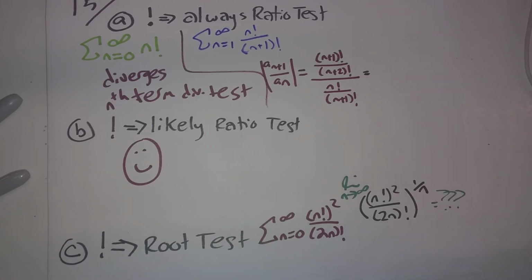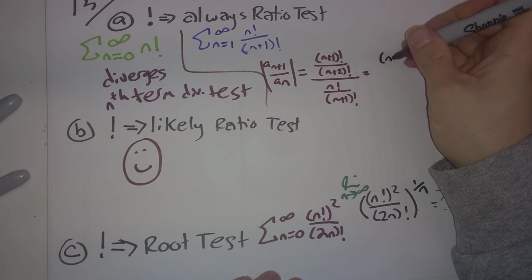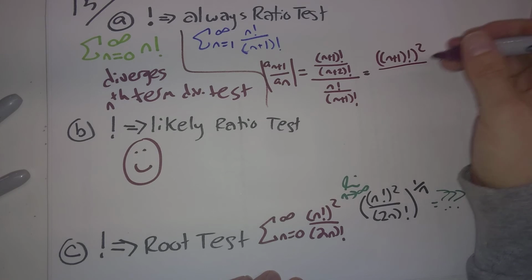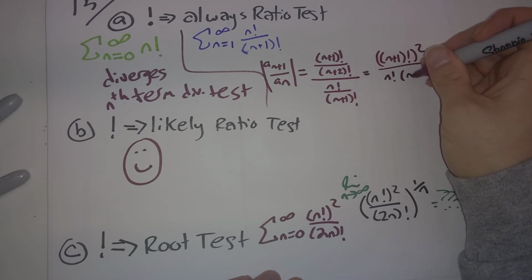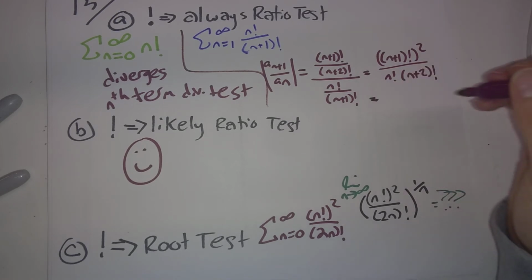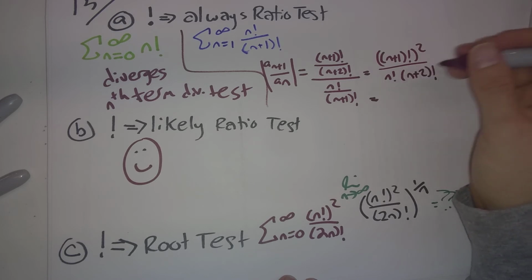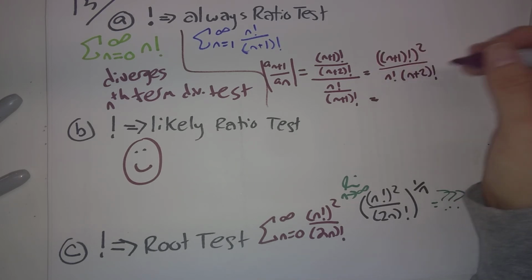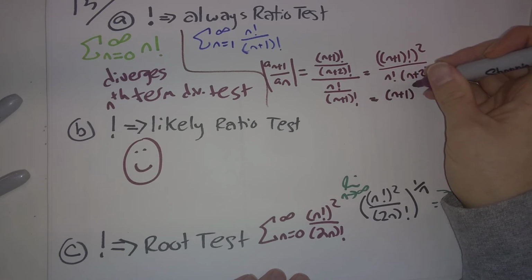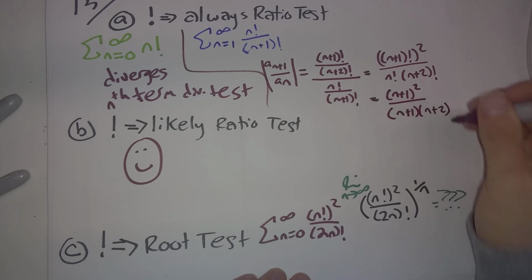And when we rearrange things, we end up with n plus 1 factorial squared, all of that divided by n factorial times n plus 2 factorial. I'm going to skip the simplifying steps here, but we would end up with n plus 1 squared divided by n plus 1 times n plus 2.